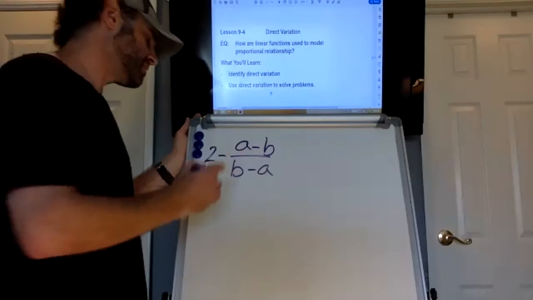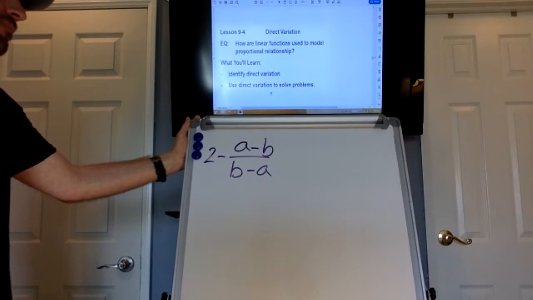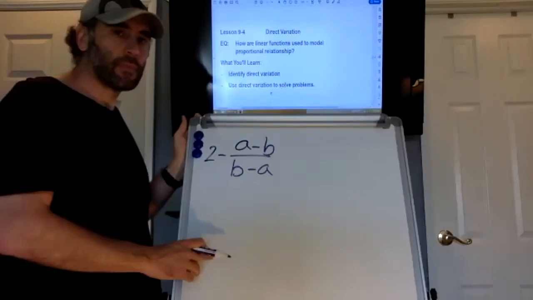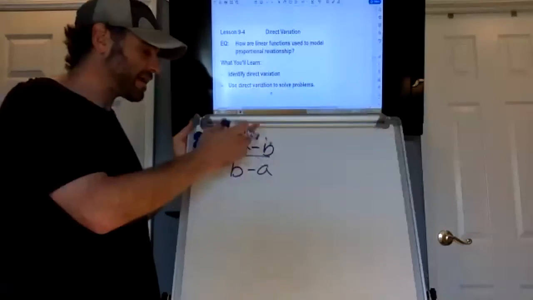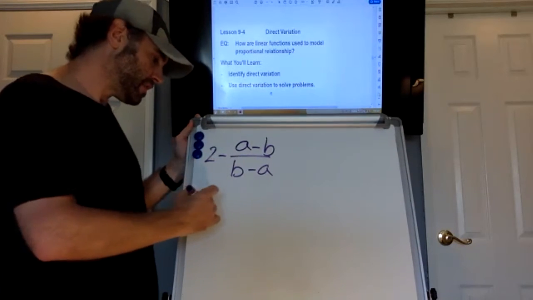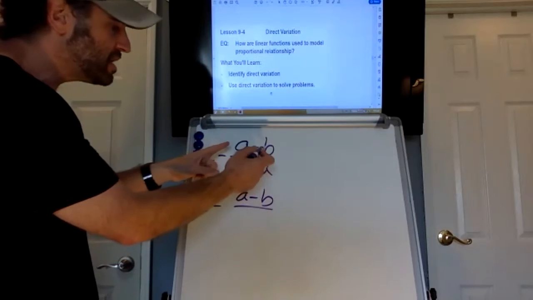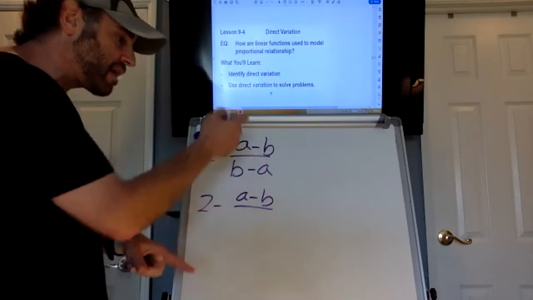What if I have this? 2 minus that. Well, now you've learned what this is going to come out to. This comes out to -1. So 2 minus -1 is 3. But you would need to know that trick. You would need to rewrite this as a minus b, and you see, oh, these look really similar. If I could just find a way to make that a minus b, I could cancel out the a minus b's.